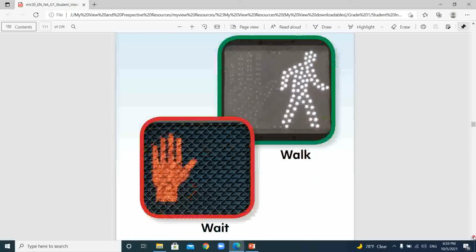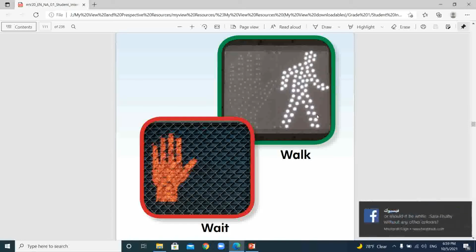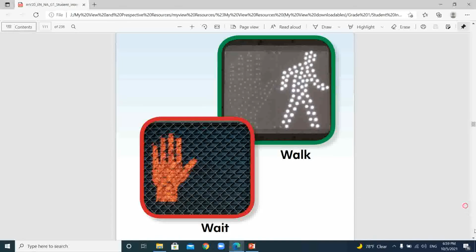These two pictures. How do we know? We know from the labels. This picture tells you to walk, and this picture tells you to wait. This label tells you that this picture tells you to wait, and this label tells you that this picture tells you to walk. Okay? And these people cross the street safely.